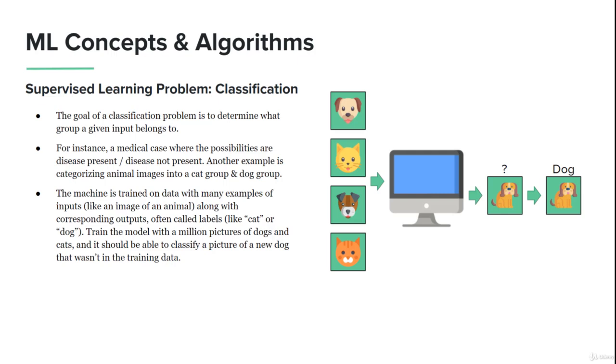When we put in millions of different animals, the output is going to showcase, yes, this is actually a dog, based on the information we've learned from all those million images. That's why classification is extremely powerful.